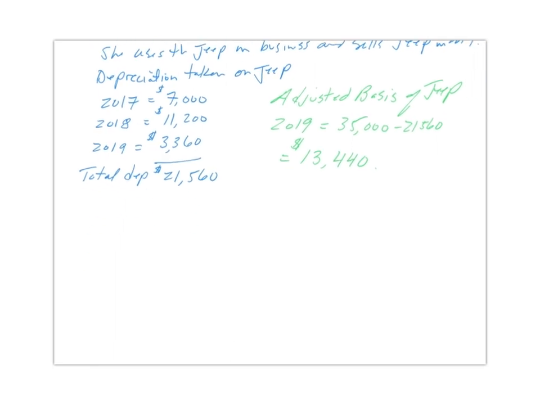Now, let's assume we sell the Jeep in 2019 for $20,000.